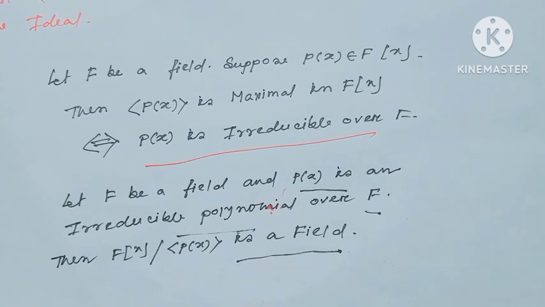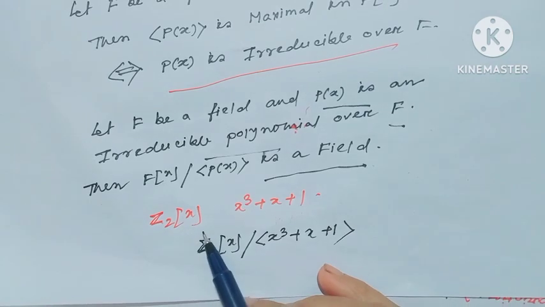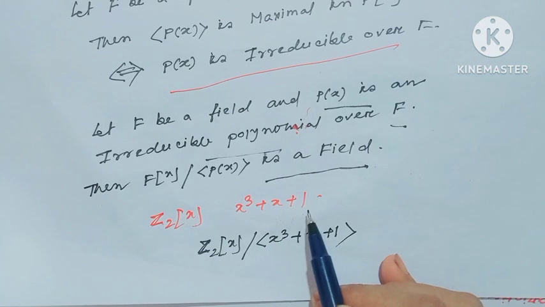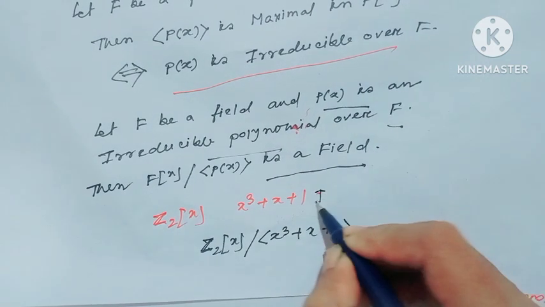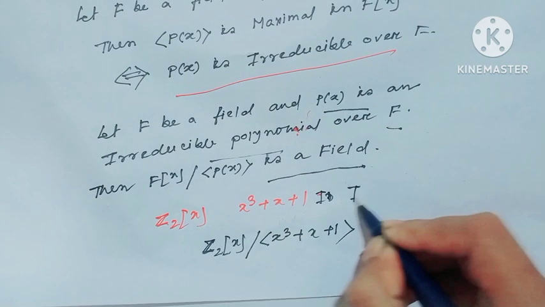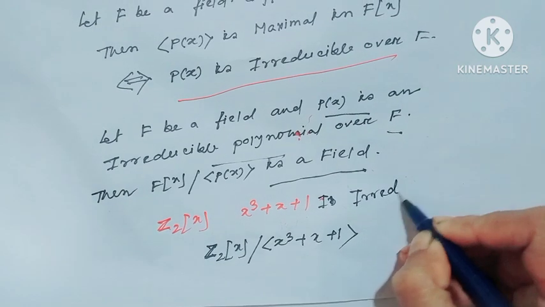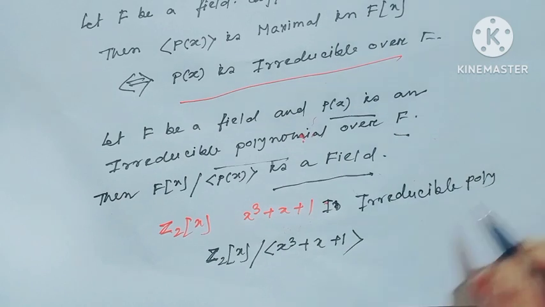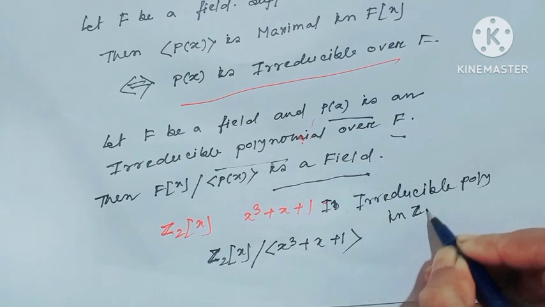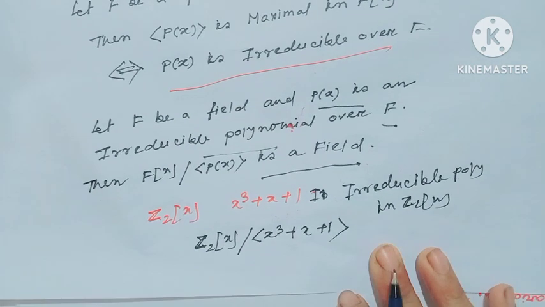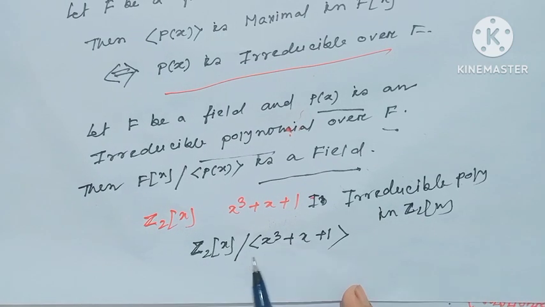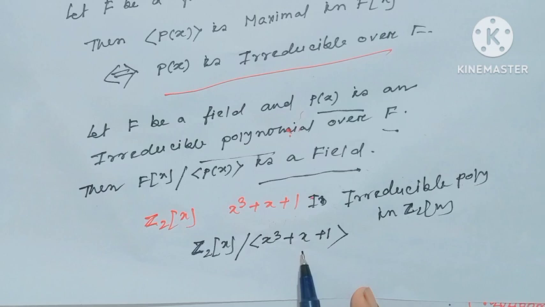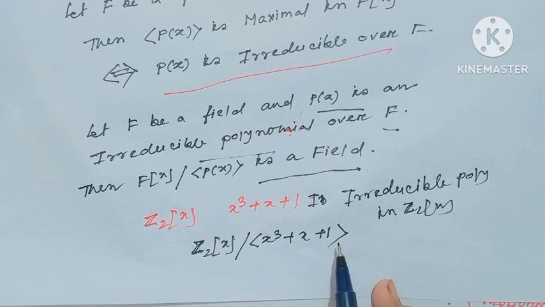As for example, we all know Z2 is a field and x cube plus x plus 1 is an irreducible polynomial in Z2[x].